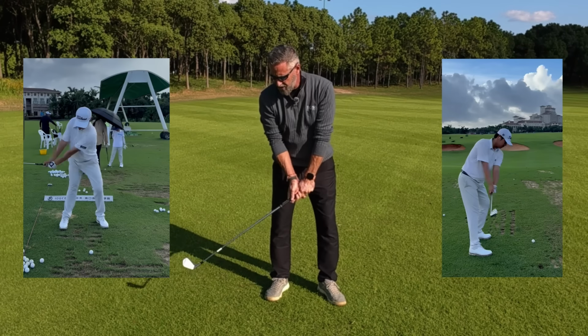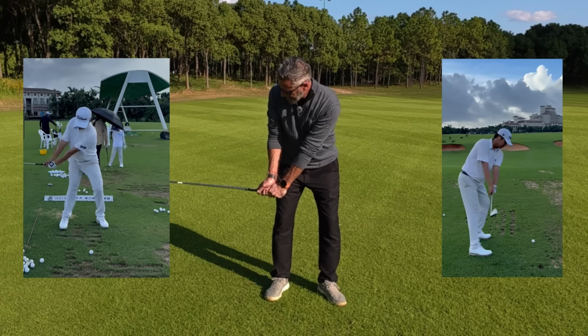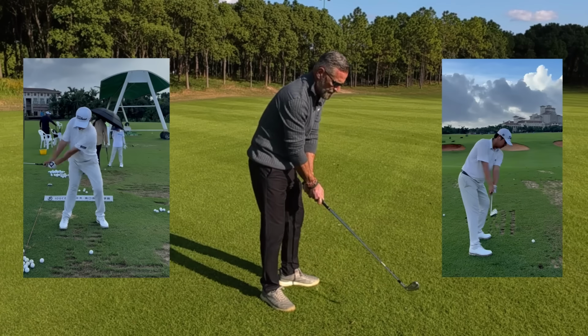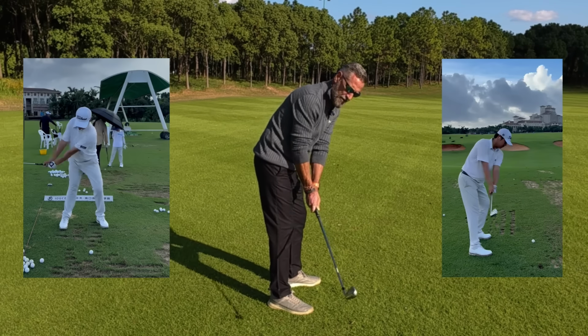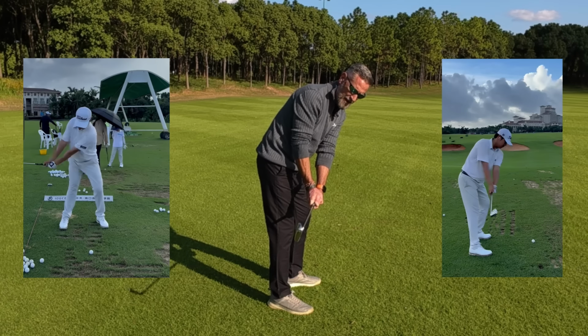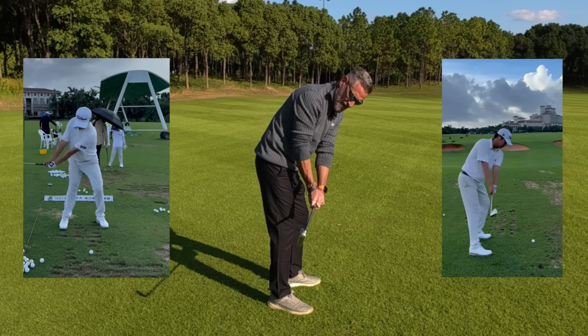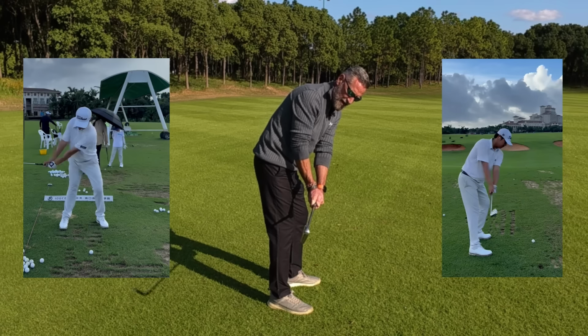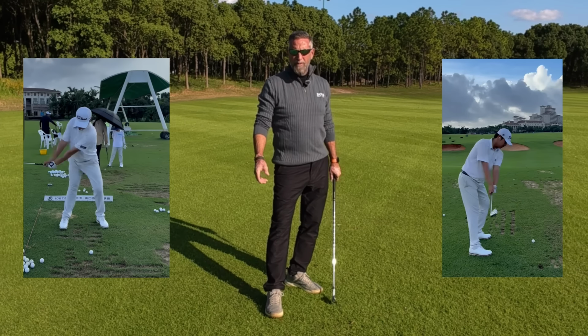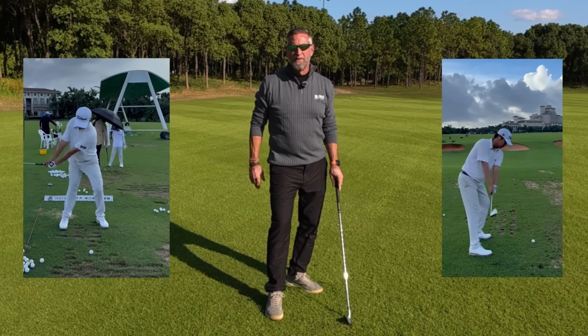P2 for us is just the moment where the club is parallel to the ground. This would be from the front view, and from the back view, this would be where the club is parallel to the ground. Here we could already start seeing how our body has moved, how our wrists have moved, how all our power accumulators have started moving. That will be the P2, when the club is parallel to the ground.